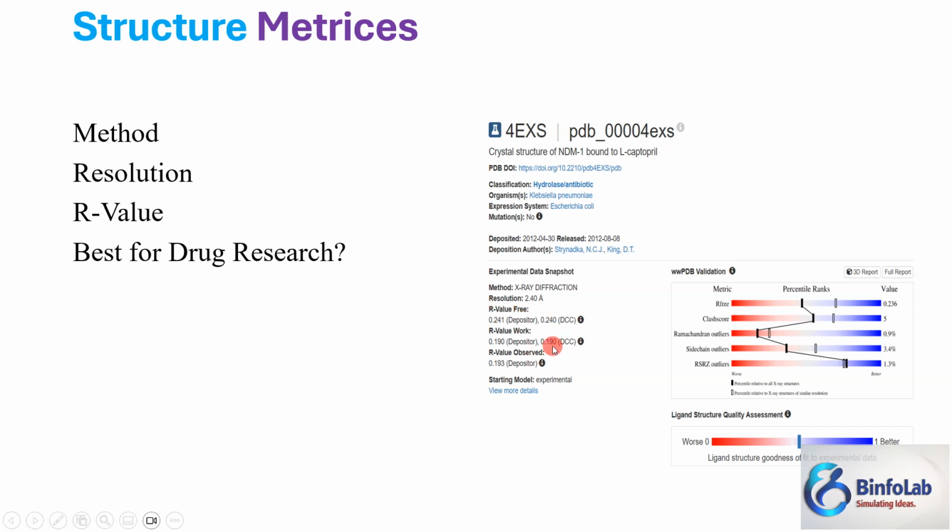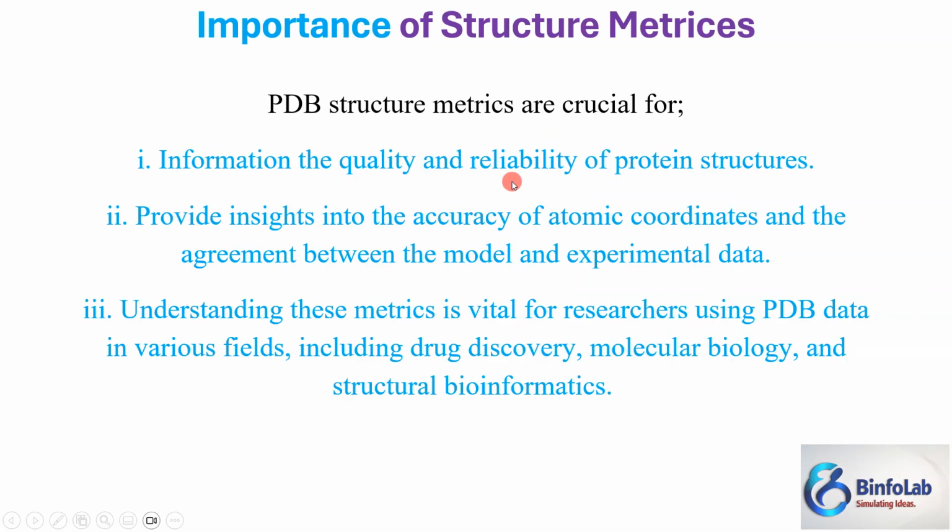What it stands for, I will also discuss in the final slide, like the quality of the structure if you are selecting it for ligand binding experiments or docking or all other those things.